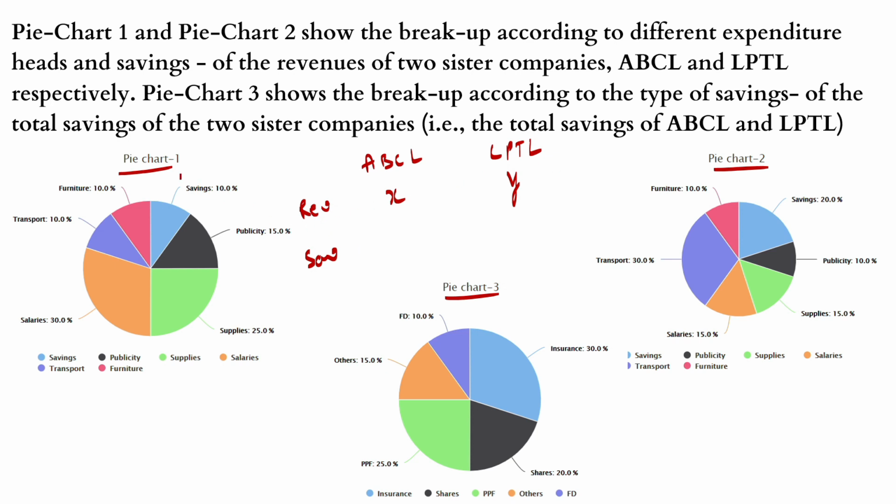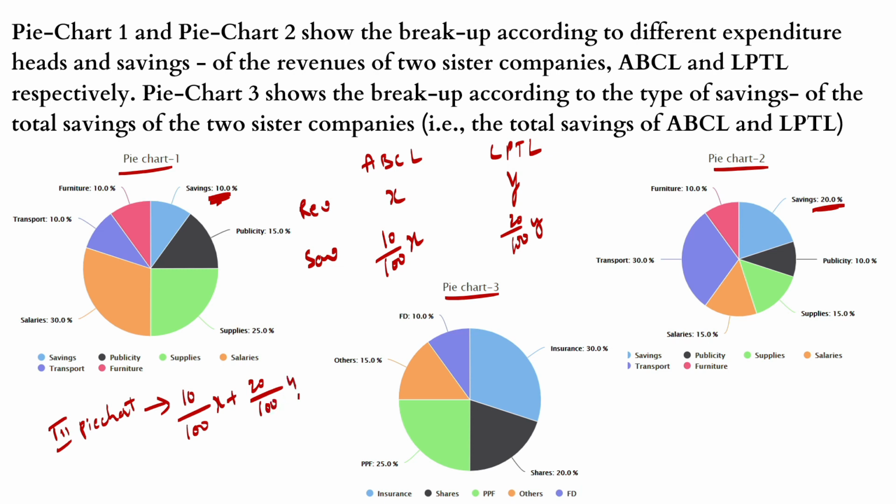The savings of ABCL is 10%, so 10 by 100 of X, and the savings of LPTL is 20%, so 20 by 100 into Y. And the third chart is given the savings of both ABCL and LPTL, so we must add: 10 by 100 x plus 20 by 100 y. Please remember this, we may take this as reference while solving the problems.